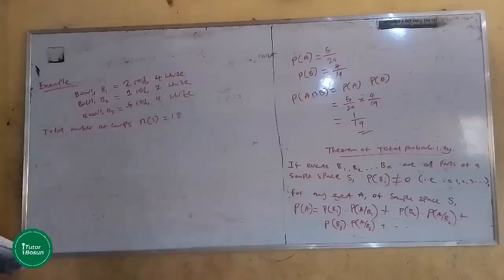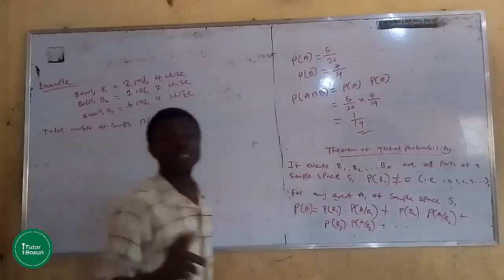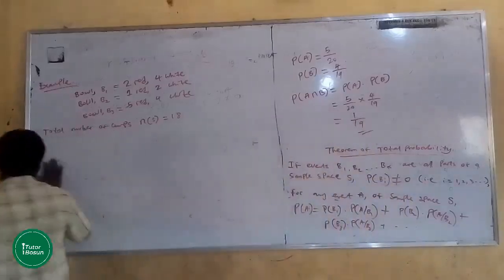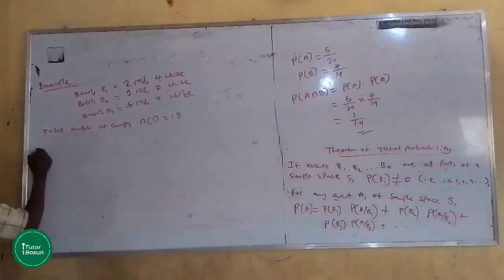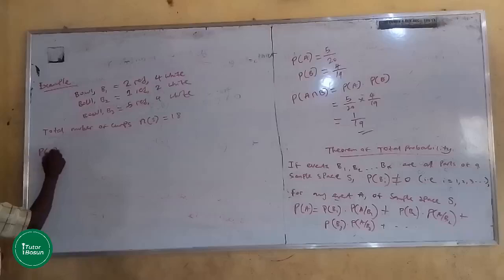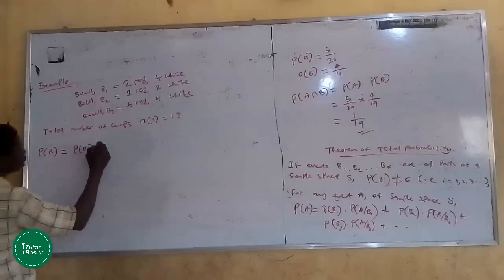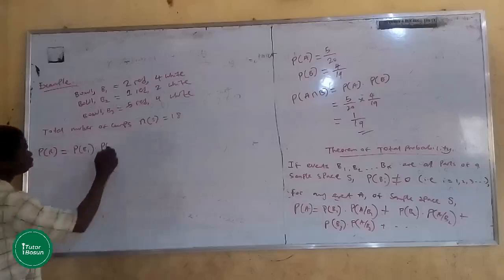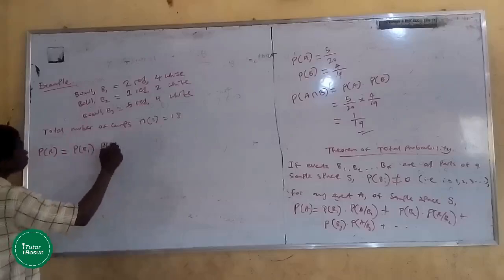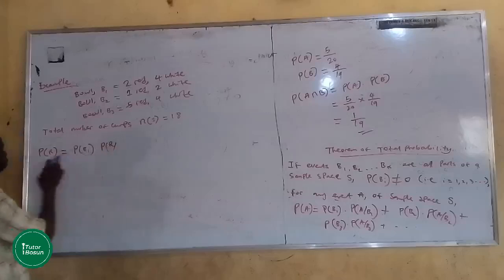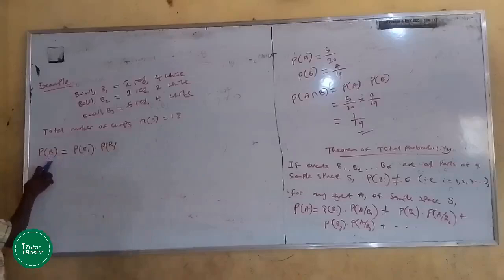So to determine the total probability, that is the probability of drawing a red chip, let's represent that as P(R). From the formula of total probability, what will we have? We have the probability of B1 multiplied by the probability of A, which in this equation is going to be R, because we are looking for the total probability of drawing a red chip.